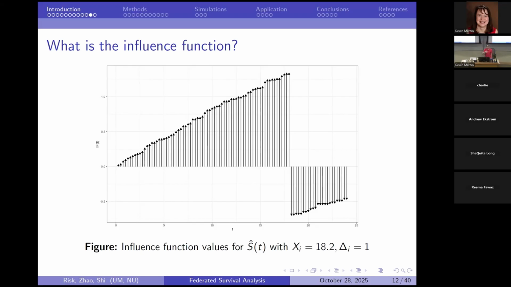So if we were able to follow up all individuals for the entire follow-up, then actually that would just be totally flat. But since we have censoring, the number of individuals who are left in the study is actually decreasing over time, which means that the leverage of one individual is going to be increasing. And so that's why we observe this increase in the influence function, which you can kind of think of as sort of like a residual.